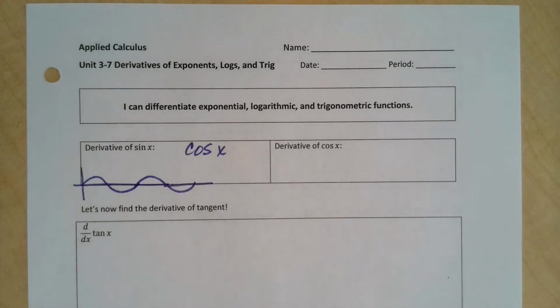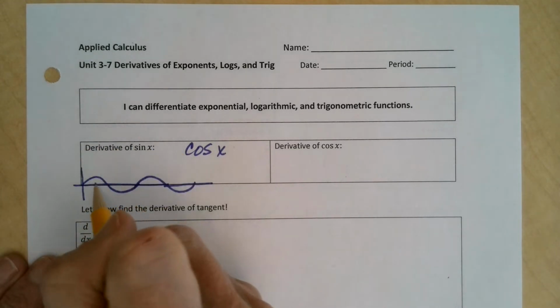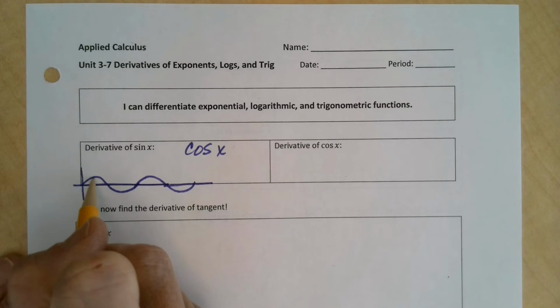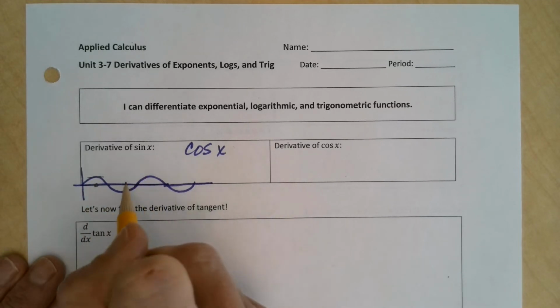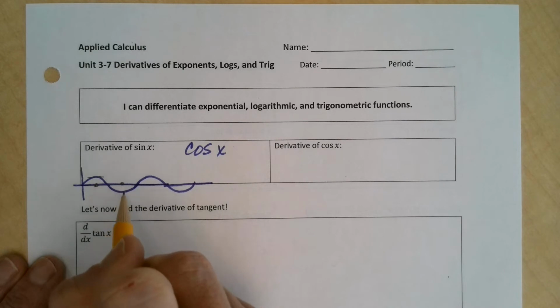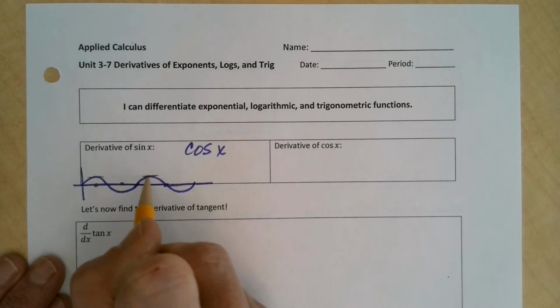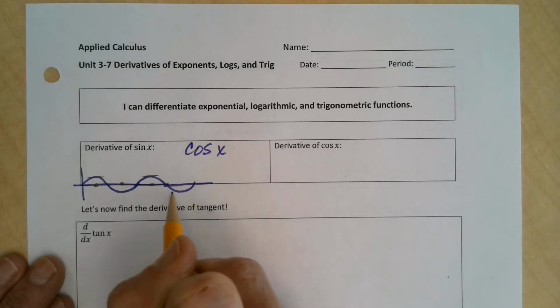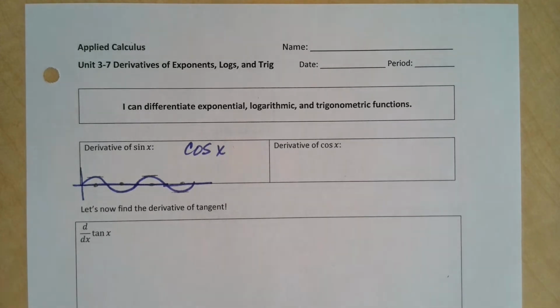See if you can find a pen of another color and try to think about what that looks like. Because here, where my derivative is equal to 0, here is my derivative. Here, when my derivative is equal to 0, it's 0. Here, 0. Here, 0. So I have those points, right?